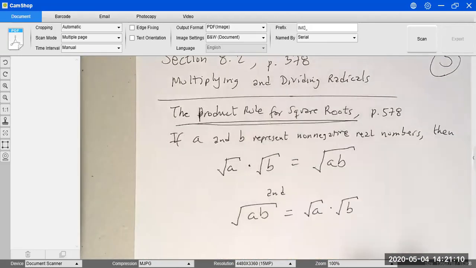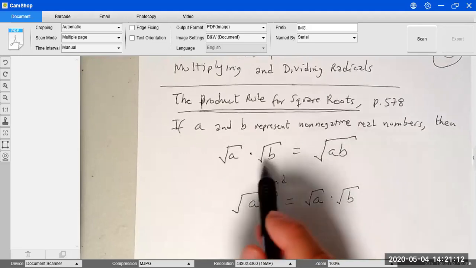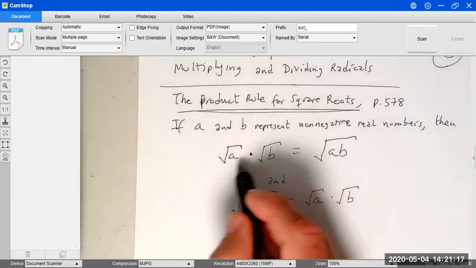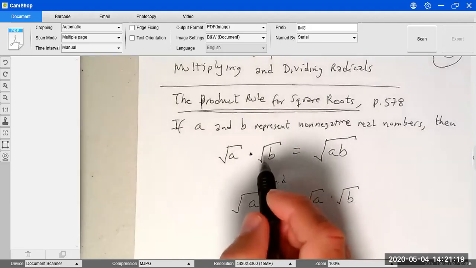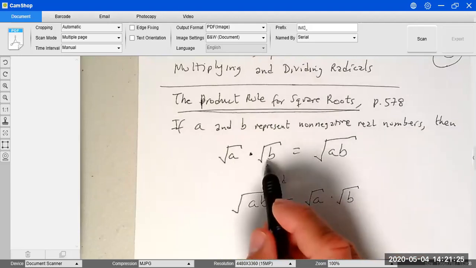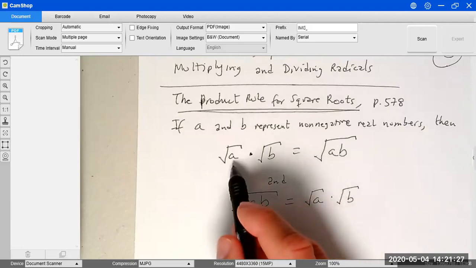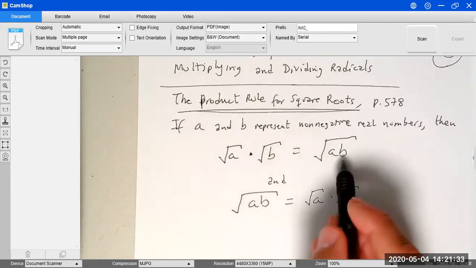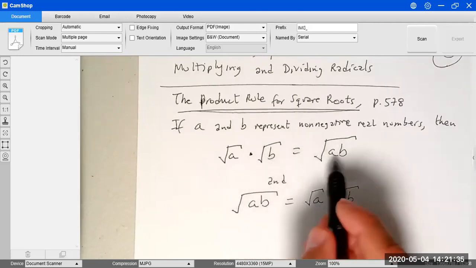So what we are doing here is just multiplying radicals. So we have here two radicals, so we multiply those radicals to get a single radical. When you multiply radicals, the only thing that you are doing is multiplying radicands. So you are multiplying what is inside of every radical. So that's what you see here.